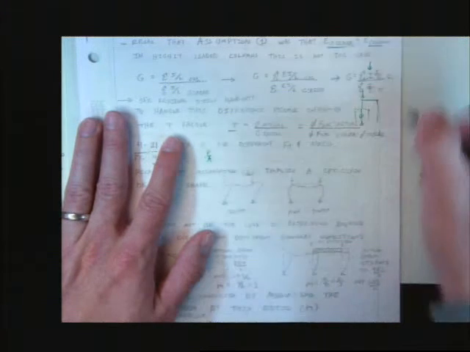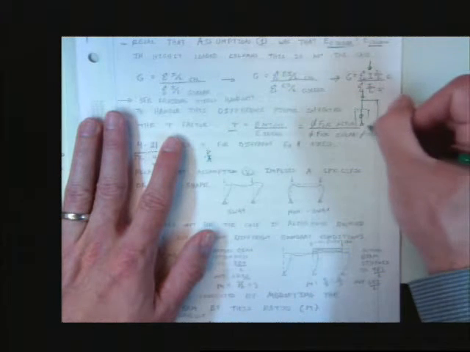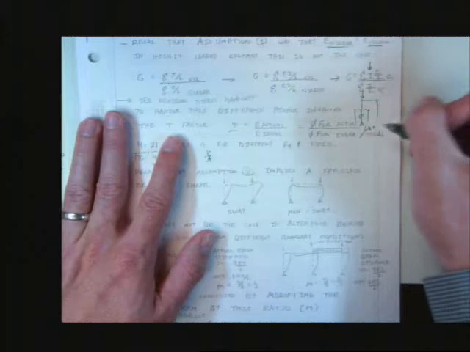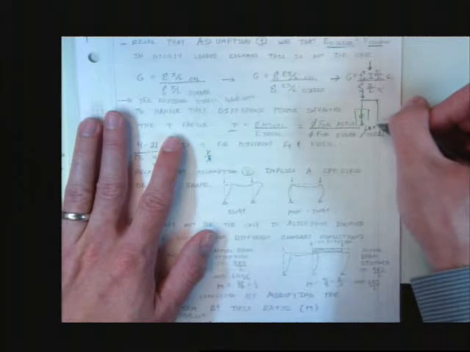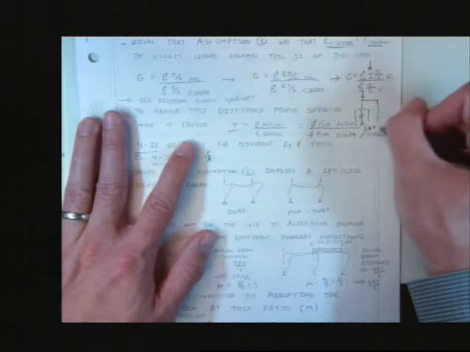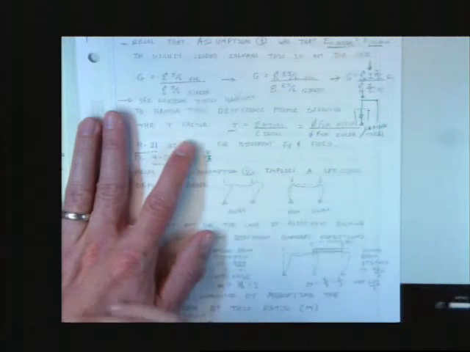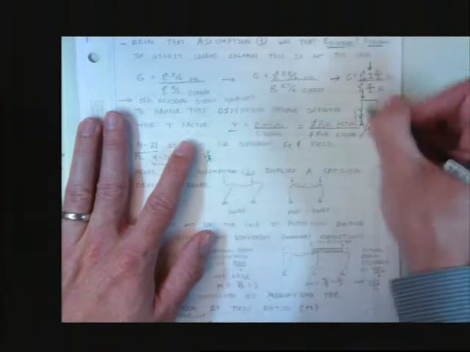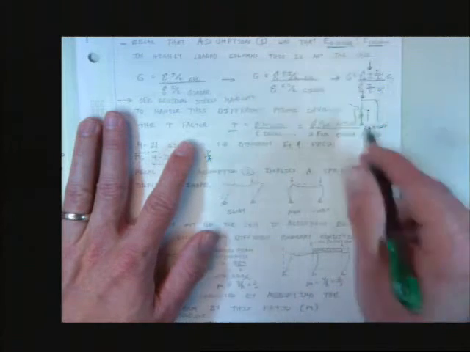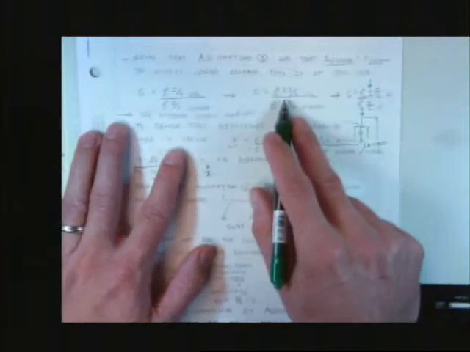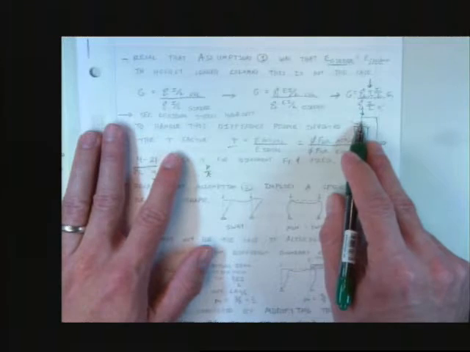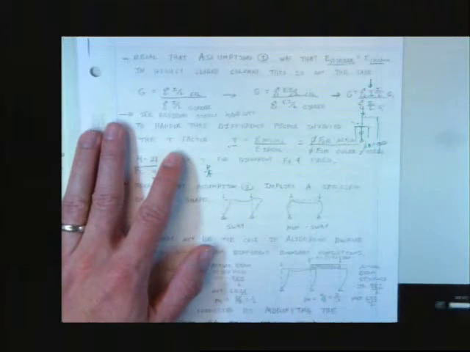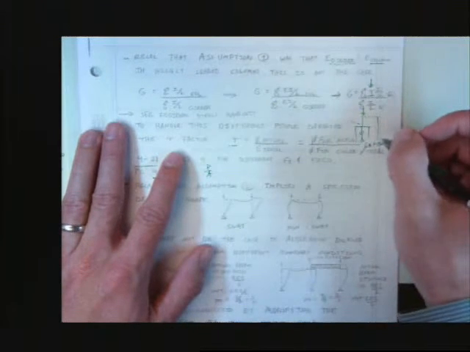So I have my G bottom. My G bottom is going to be equal to what? Infinity. And when it comes to the top, I have to solve for a G. I'm going to have this summation of I over L of my columns. For now, this is going to change in a little bit.